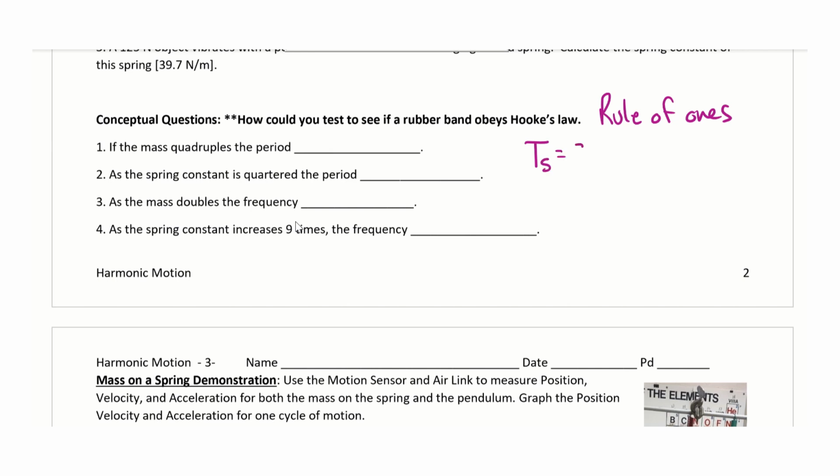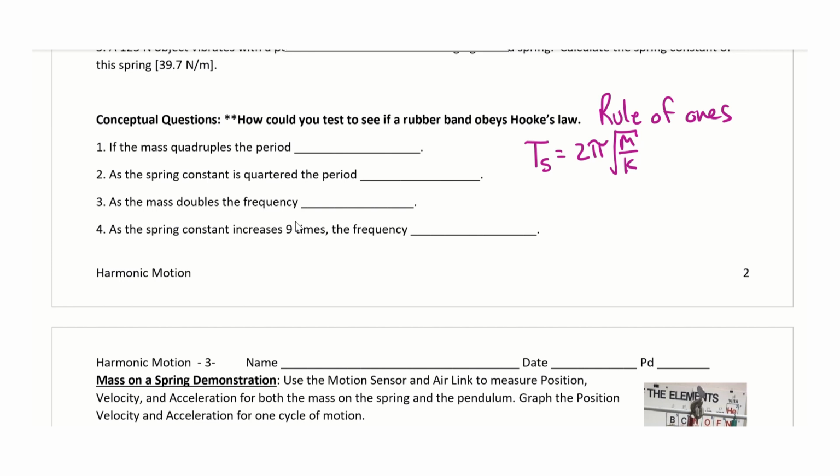Period for a mass on a spring is equal to 2 pi times the square root of m over k. So rule of ones, we plug in a 1 for any variable that stays the same, and we plug in the number for how it changes if it does change. So for example, if it doubles, we'll put in a 2, quadruples, we put in a 4, half, we put in 1/2, etc. So in this case, it says the mass quadruples.